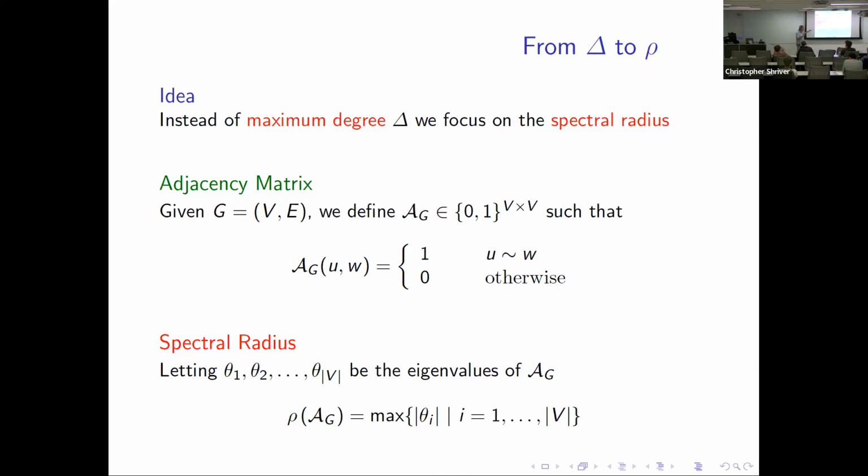Equivalently, you can just choose the maximum eigenvalue. It doesn't make any difference, of course. Actually, for all the matrices I consider here, feel free to replace the spectral radius with the maximum eigenvalue. It's the same thing. Our matrices are beautiful.